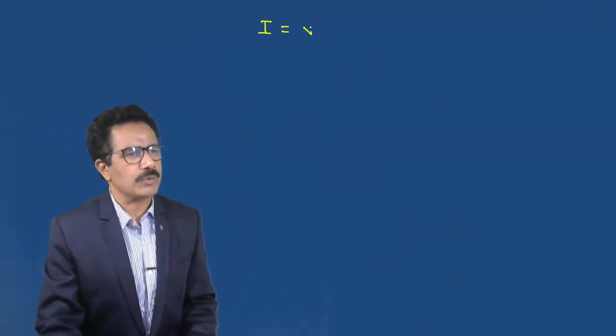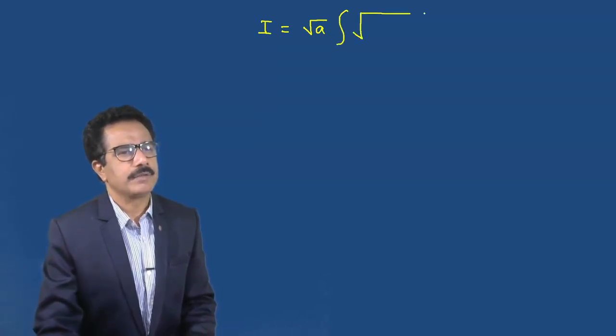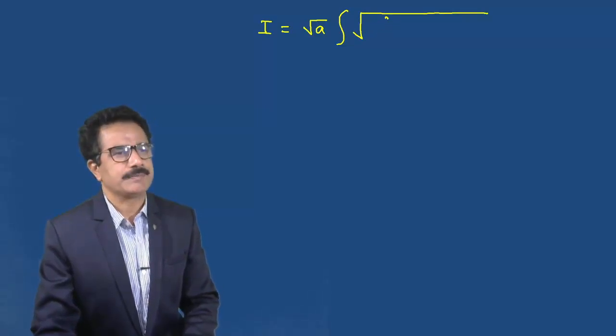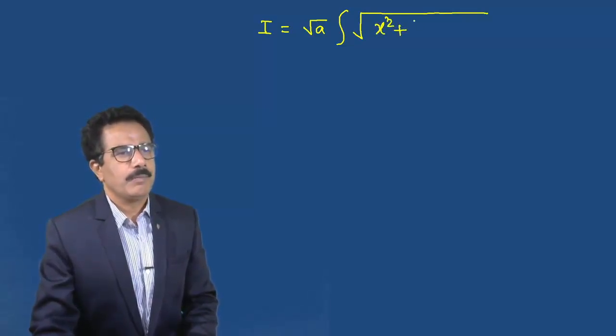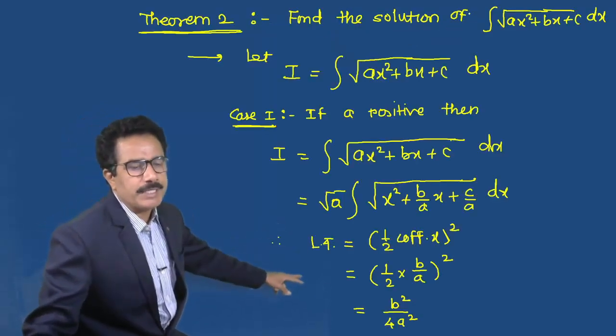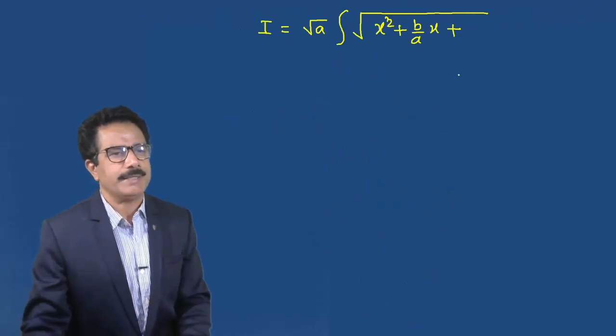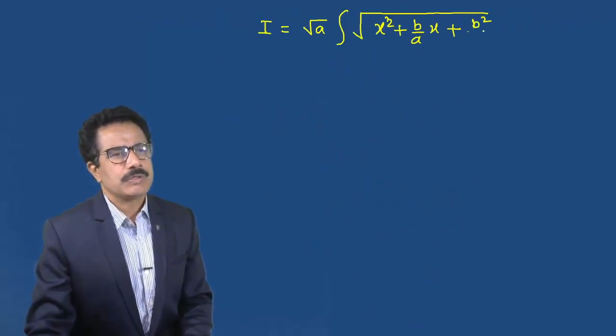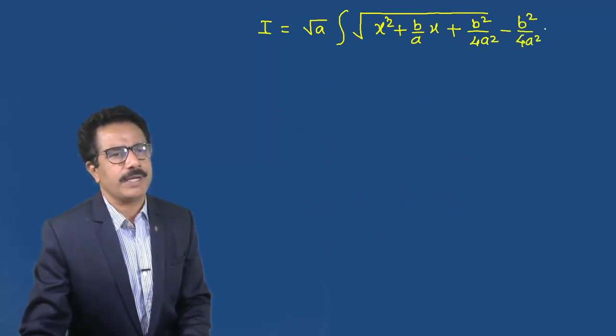I is equal to root a into integration of x square plus b by a into x plus b square by 4a square minus b square by 4a square plus c by a.